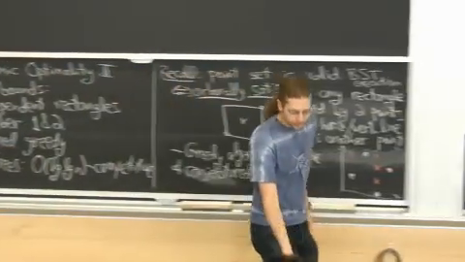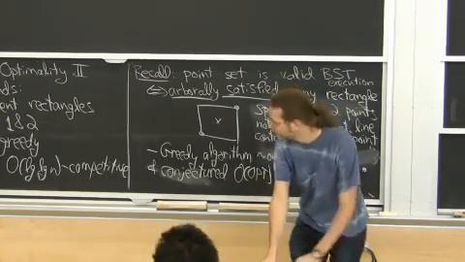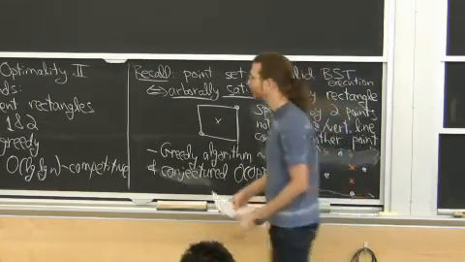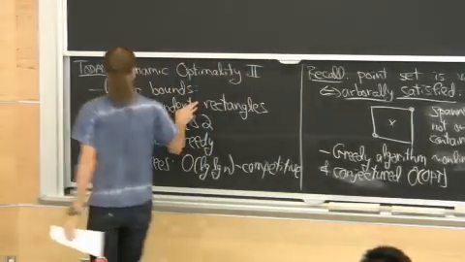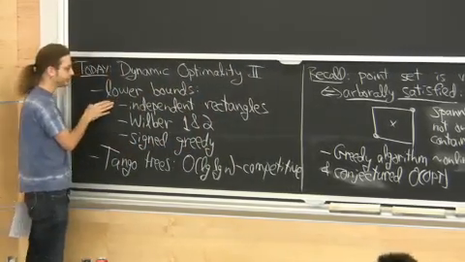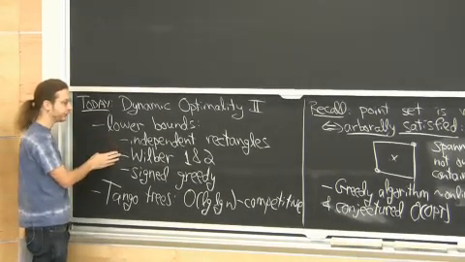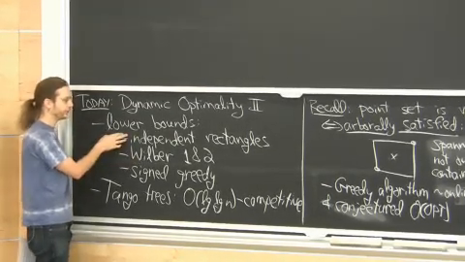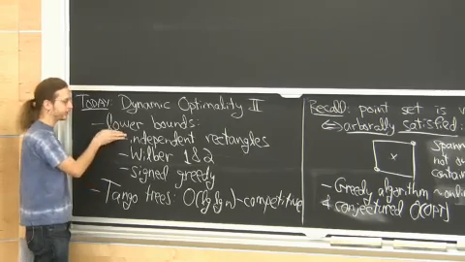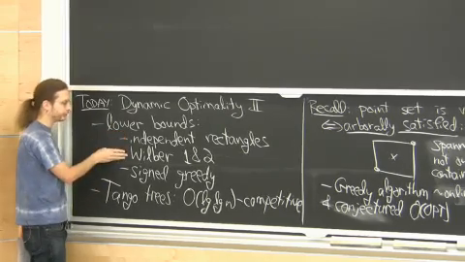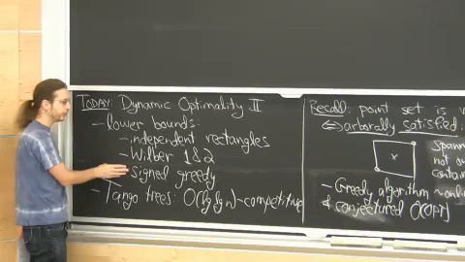So let's jump into the lower bounds, and we're going to cover, you could say, 3 different lower bounds. The independent rectangles is kind of a generic class of lower bounds. Then we're going to see 2 specific choices of these independent rectangles, which are actually older than this result. So this is sort of a modern interpretation of 2 older results and a more general result.